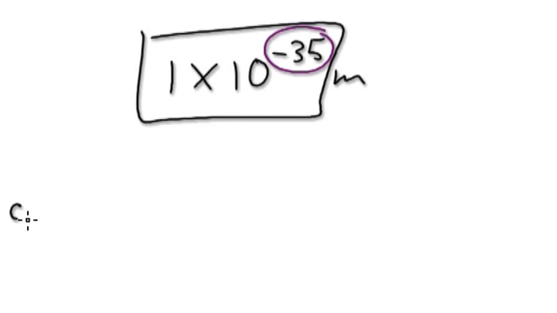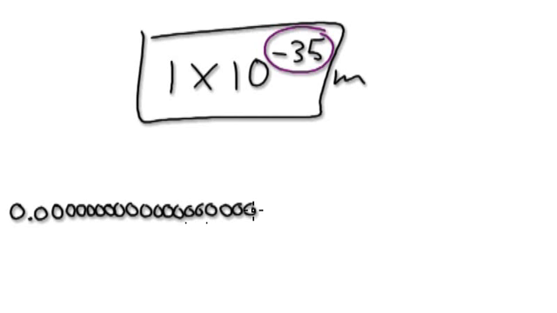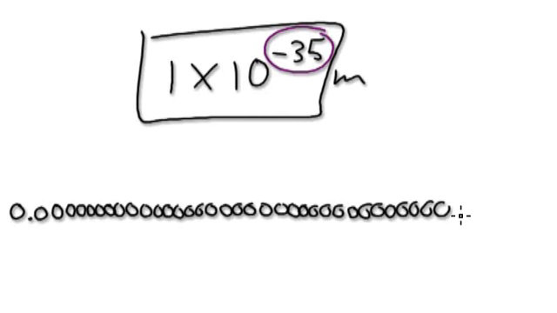So it's going to be this: 1, 2, 3, 4, 5, 6, 7, 8, 9, 10, 11, 12, 13, 14, 15, 16, 17, 18, 19, 20, 21, 22, 23, 24, 25, 26, 27, 28, 29, 30, 31, 32, 33, 34, 35.